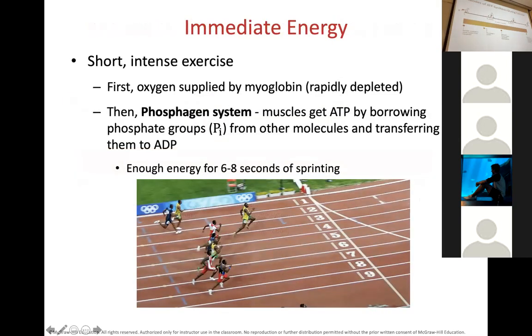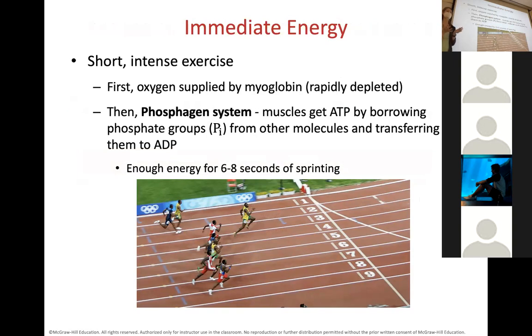So short, intense exercise. Let's imagine we're right at the beginning of that timeline. At the very beginning, when you start exercising, your muscles are doing aerobic respiration and they're getting oxygen. Aerobic respiration requires oxygen to happen. That's why it's aerobic versus anaerobic. Your muscles are getting oxygen from something called myoglobin. Do you guys know another globin that you've heard of in the body?